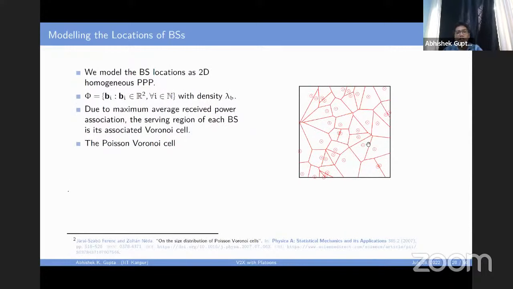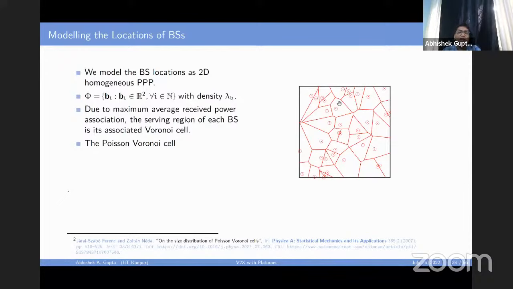Which you can see here. So every base station has some region around it, which means all the users in this region will have this base station as the closest one. All the users in this area will have this base station, the closest base station. So you have divided the area based on this closest distance criteria.